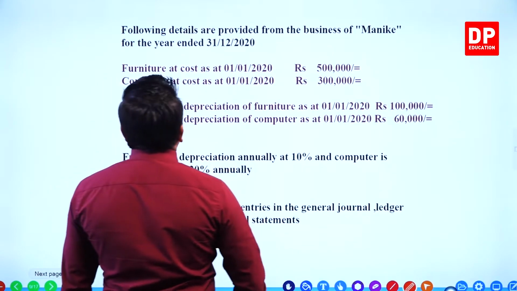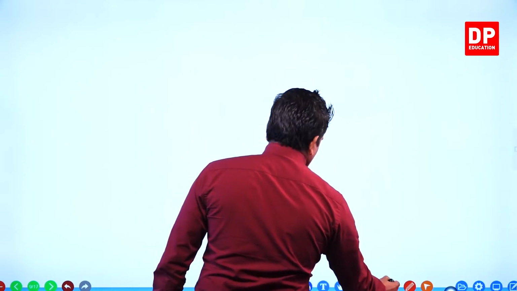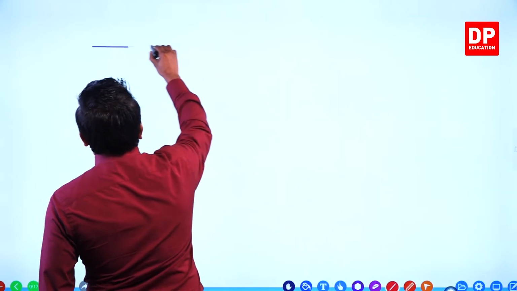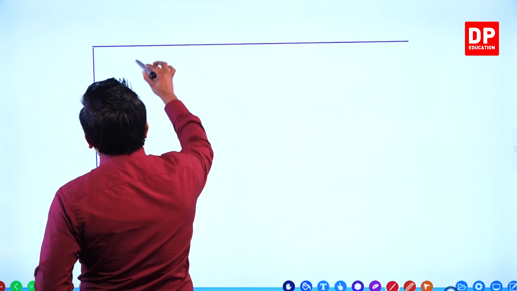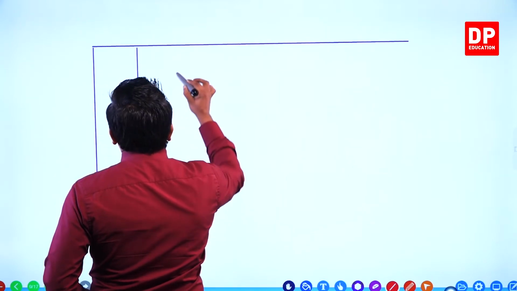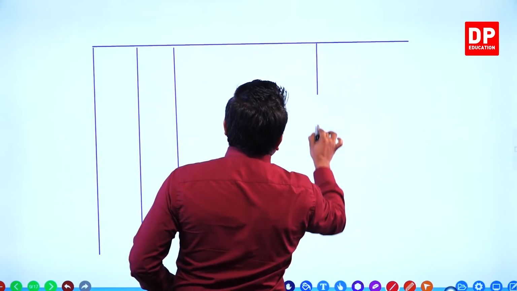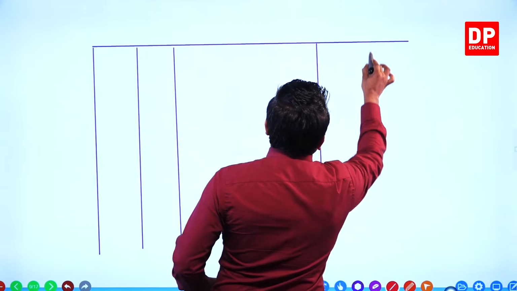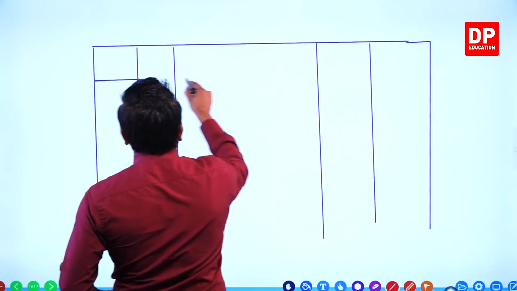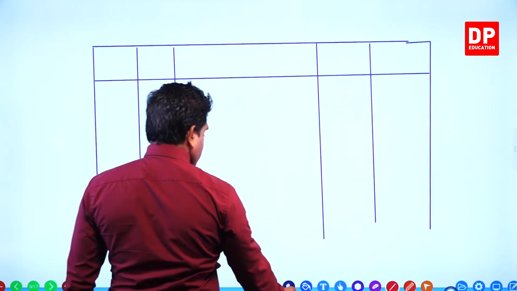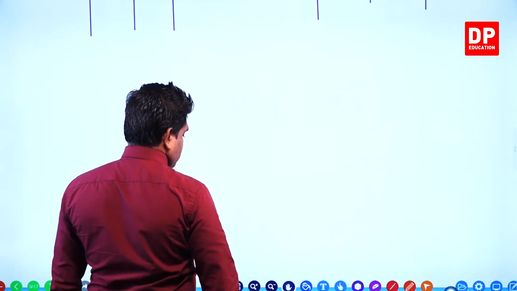Now we have to draw the general journal: date, journal voucher, description, debit and credit. Right, now the ledger accounts.